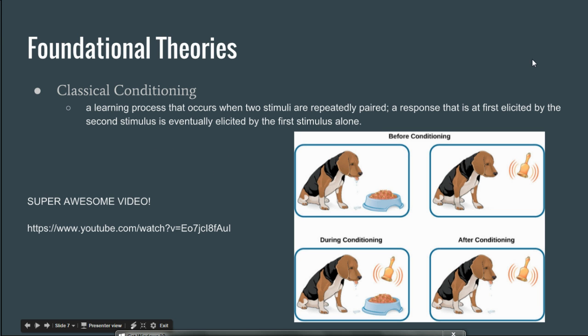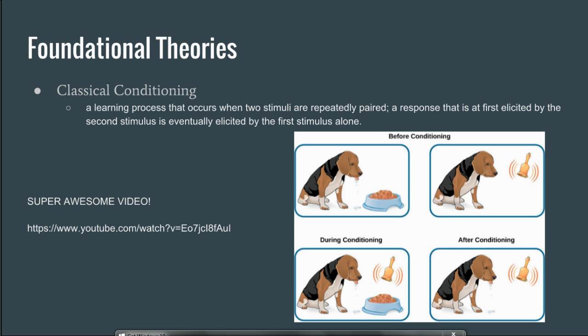The next one I mentioned is classical conditioning, which most people are usually pretty familiar with. This is where two stimuli are paired, so you start to associate them with each other. The work that Pavlov did was with a dog.